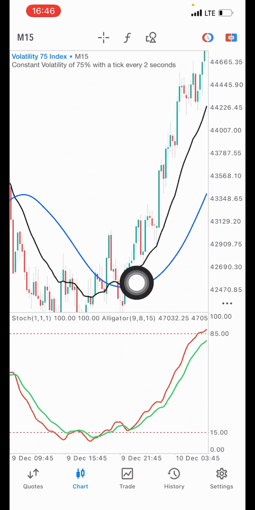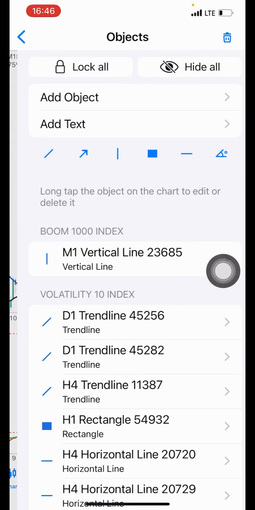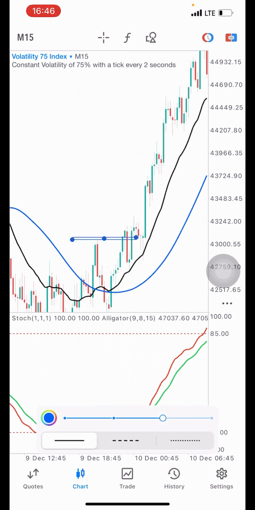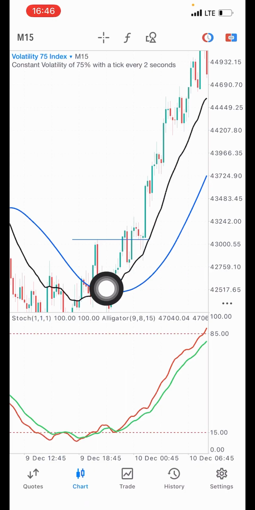Once you get the retest, you mark the most recent structure the market made. If it's going for retest, you have to mark the wick of the candle. The wick of the candle is where you have to mark. Then you wait for price to come back and break above it towards the upside before you take your entry. So let's say this is the candle, this is the area where it broke above our red and black line.